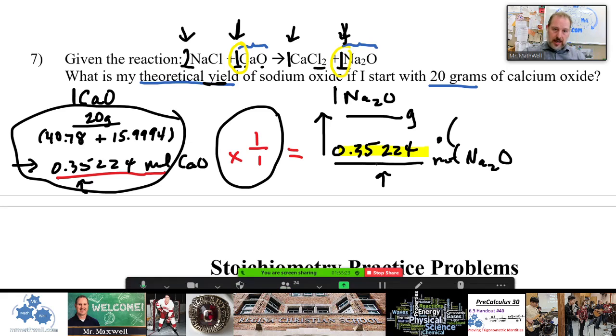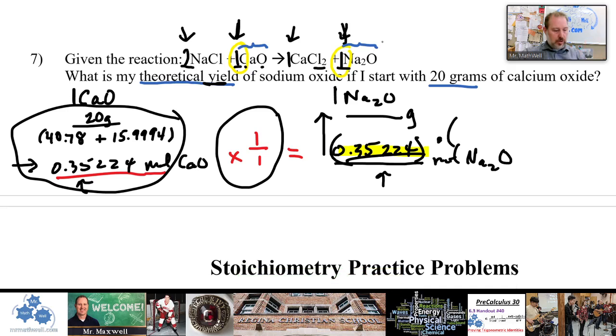Sodium is 22.98977. Oh, that's times 2, isn't it? Look at Na2. So I have to do this times 2. And I have to add 1 oxygen, 15.9994.